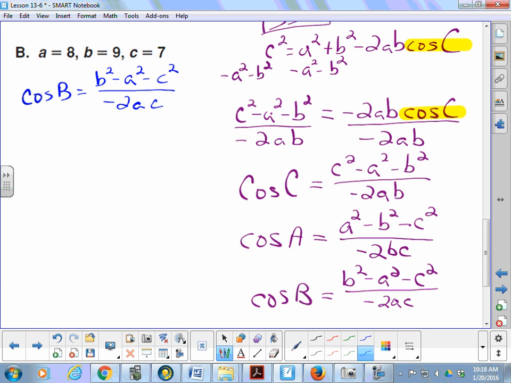Now, the thing is, can I just plug all the numbers into the original law of cosines and do it? You most certainly can. But we've made it so that we now have a formula for finding the missing angles when I know side, side, side. So cosine of B equals 9 squared minus 8 squared minus 7 squared over negative 2 times 8 times 7.